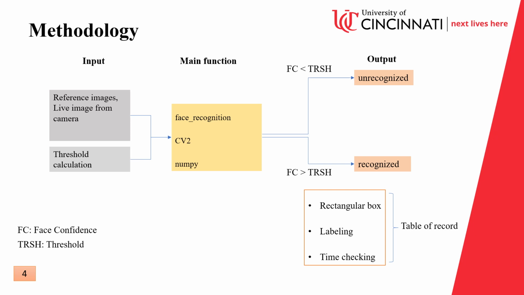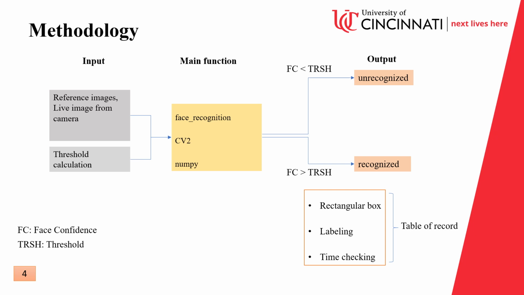The face recognition library will do the main part of our work, which is recognizing the face. Using CV2, we can convert BGR to RGB type of the image in order to later apply some modification to our images.